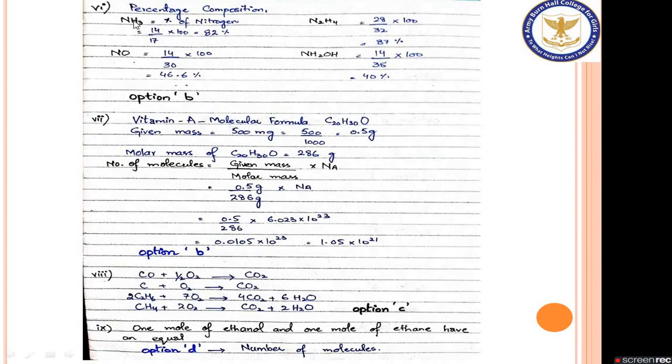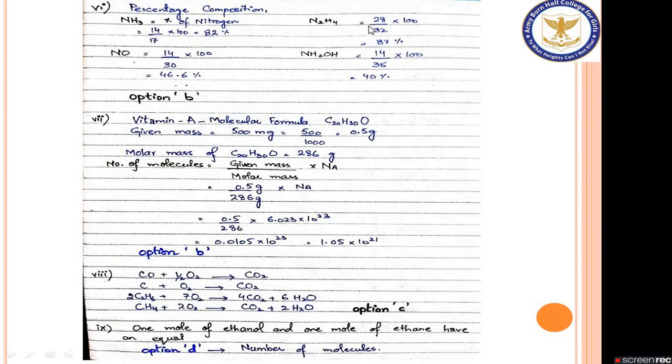In ammonia, we have only one atom of nitrogen, so the mass of nitrogen will be 14 divided by the molar mass of the compound, which is 17, multiplied by 100. So the percentage is equal to 82%.